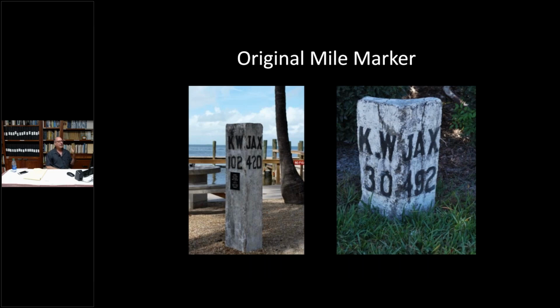Now, there is an actual mile marker, the one on the right, located on Big Pine Key, which is a shell of its former self that is still standing on the side of the road. It's falling apart, and I'm not sure how much longer it'll be there, but it is the very last mile marker to be found on the Florida Keys from their railroad days.